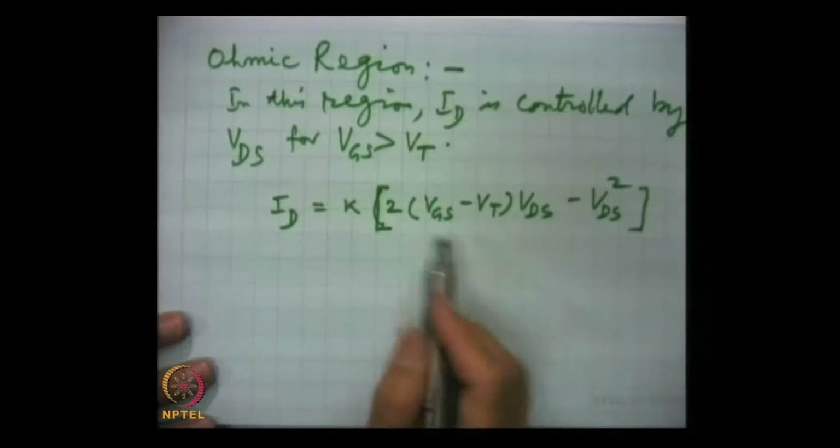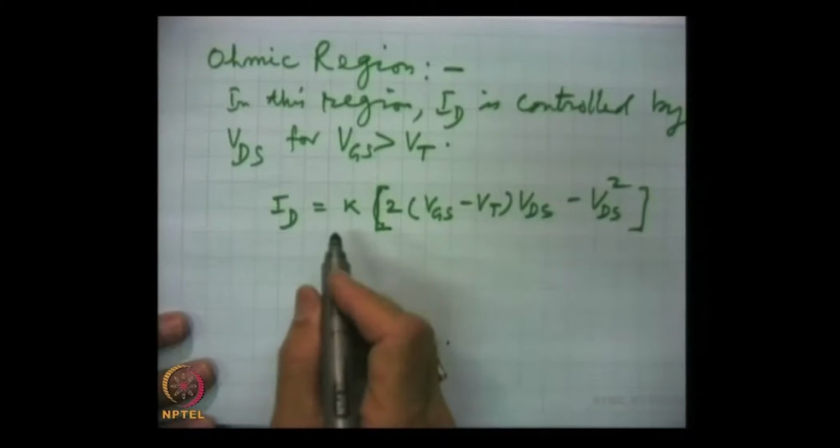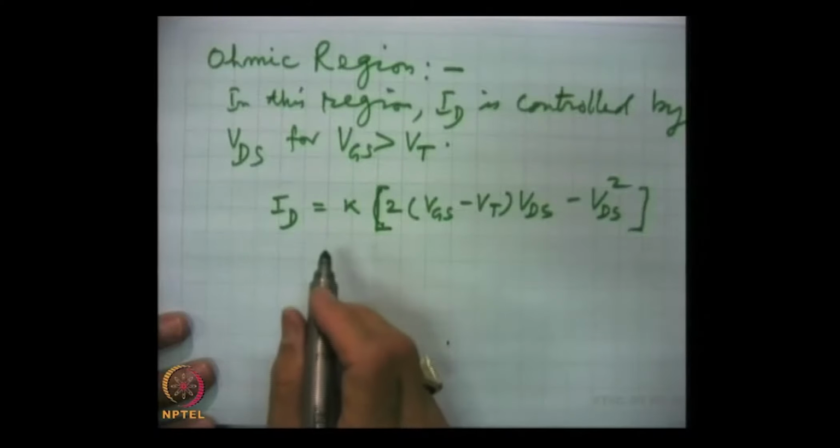So, we can see, actually we can take VDS out here, K is a constant and we will define what is the value of this.